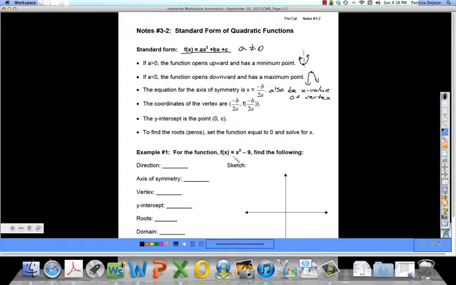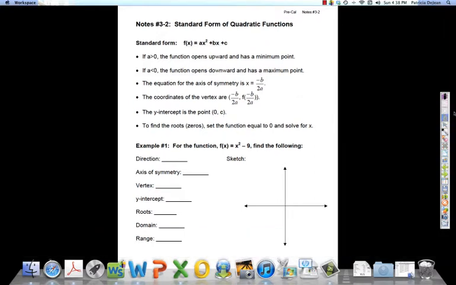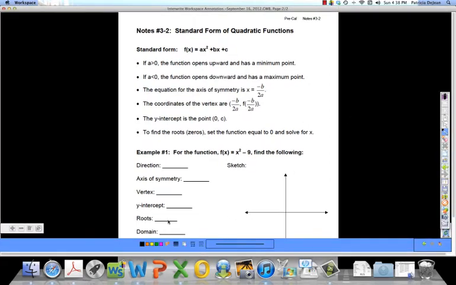So an example, looking here at this function. I have x squared minus 9.